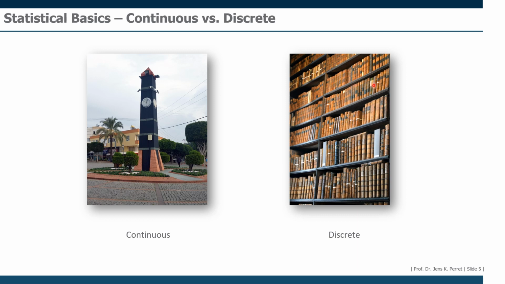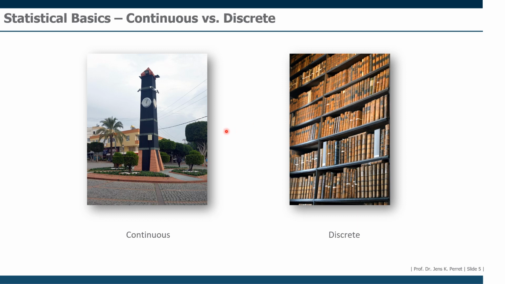But I will never have 860.389572 books in a library. So that's discrete data because I cannot put, in a sensible way, values between integers. There's actually a lot of information which is stored as discrete data.